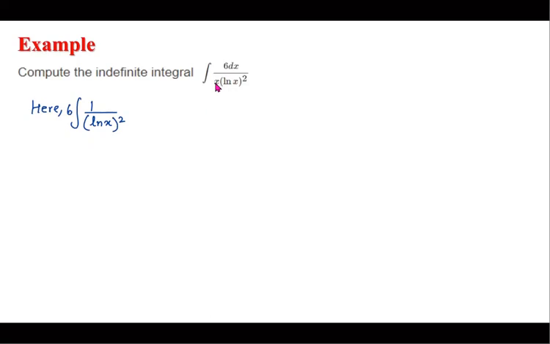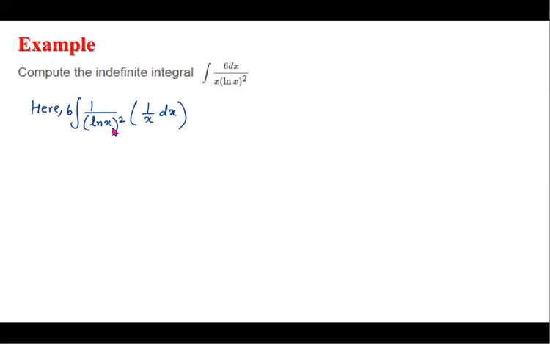What is remaining is x in the denominator and dx in the numerator, which can be written as 1 over x dx. By writing it like this, you can clearly see that we can use the U substitution. If this is the composite function, the inside function is natural log x, and the derivative of natural log x is 1 over x, which is also here. So that's why we can consider u equal to natural log x and solve this one.